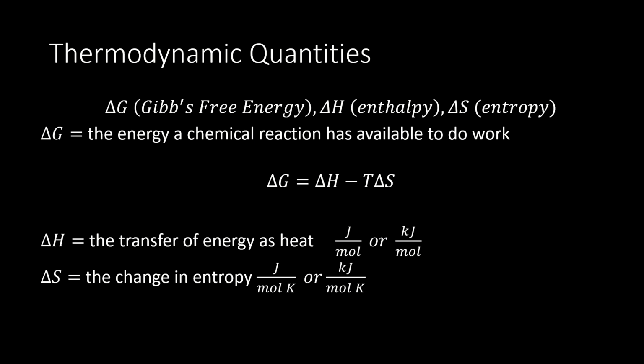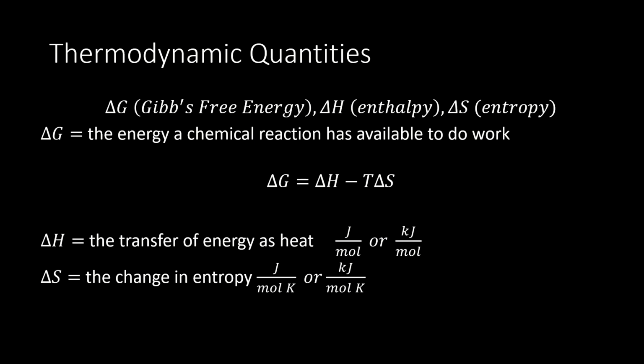Delta S represents the change in entropy. Essentially, how does the orientation and distribution of every atom, every molecule, affect the amount of work that's actually available? And that's why these quantities combined can be represented in the above equation.